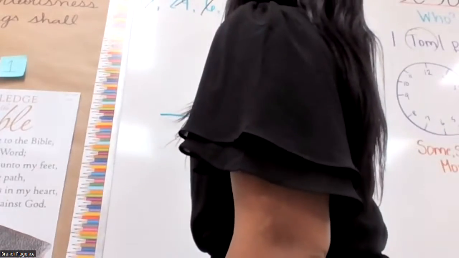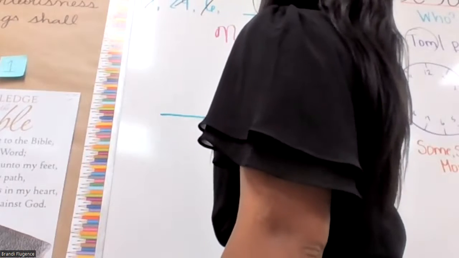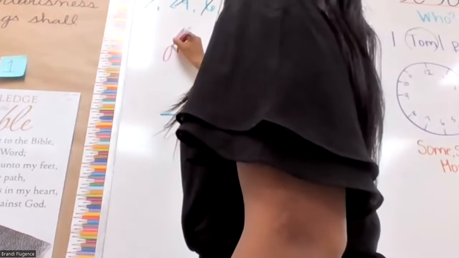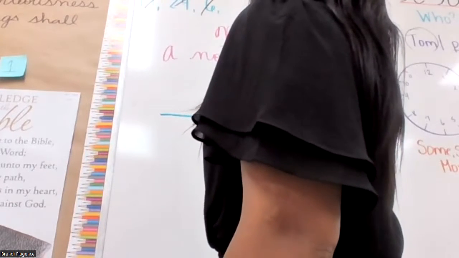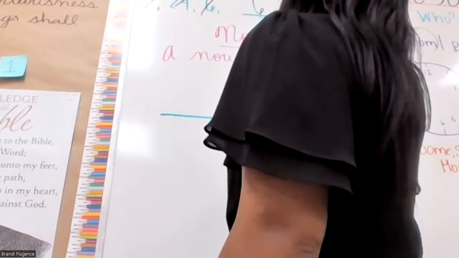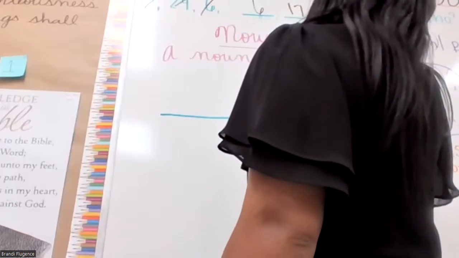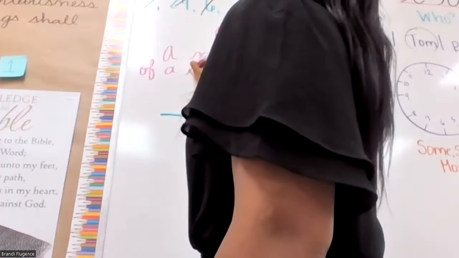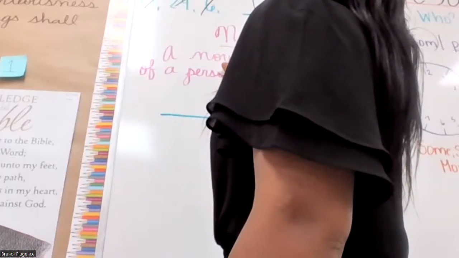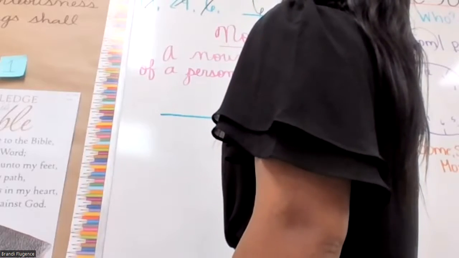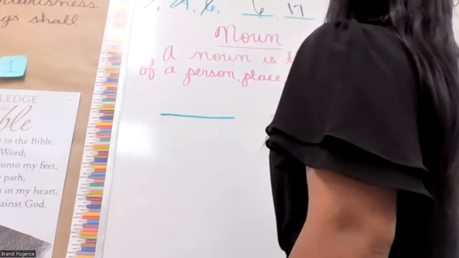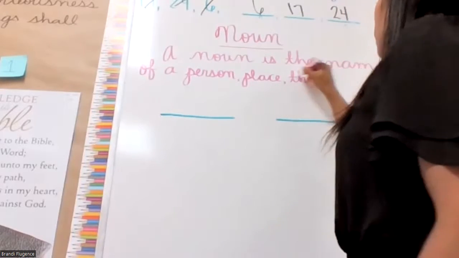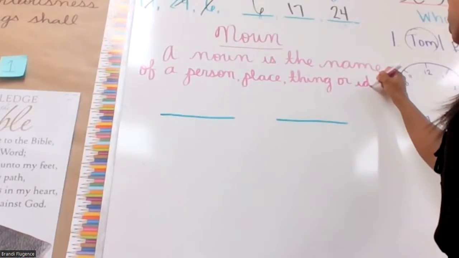Okay, so let's start with our noun's definition. You told me a noun is the name of a person, place, thing, or idea.